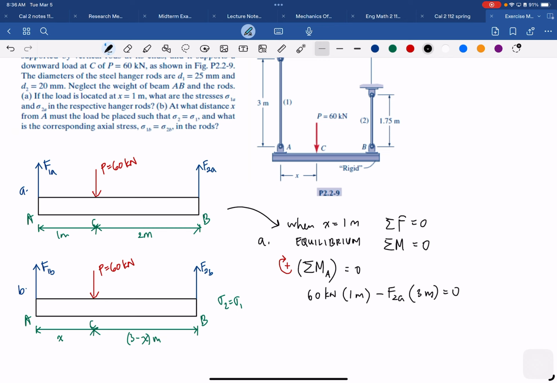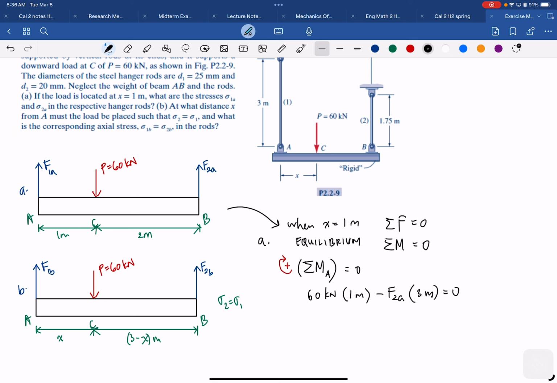So let me check my calculations. Is it correct or not? It's 0.081 in kilo, but I would like to multiply by 1,000 to make it Newton. It's 81.49 megapascal. Okay, so megapascal is Newton per millimeter squared.